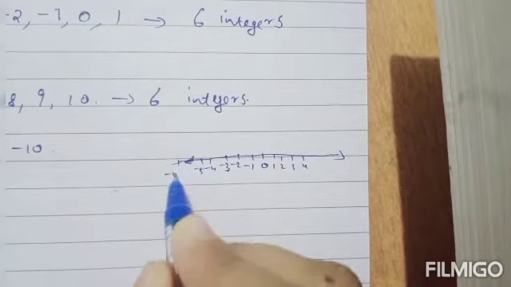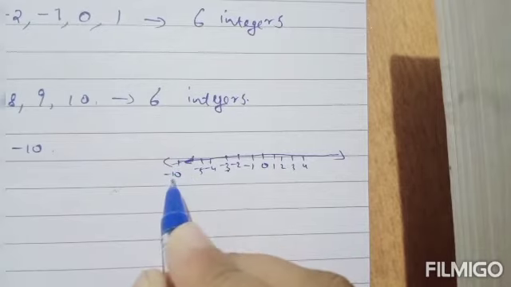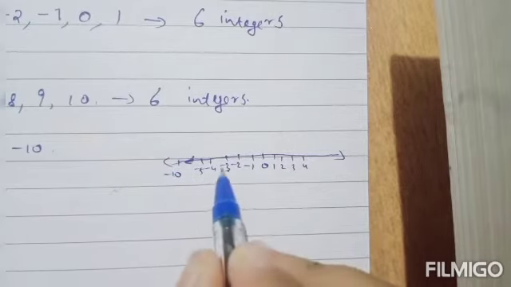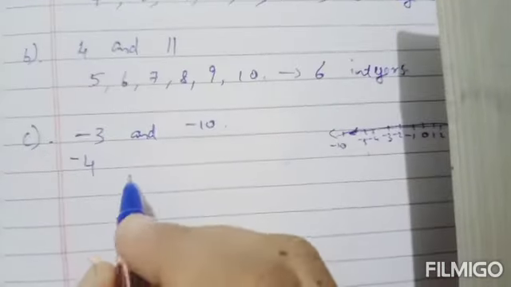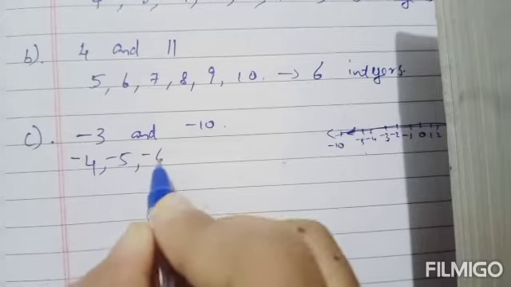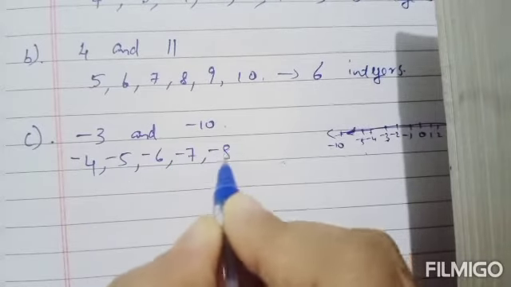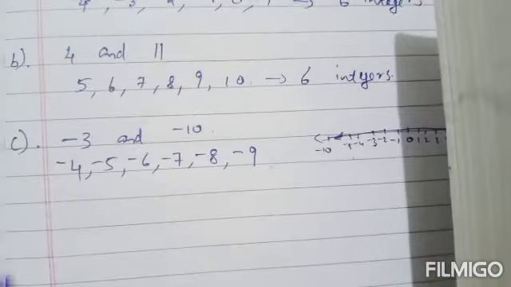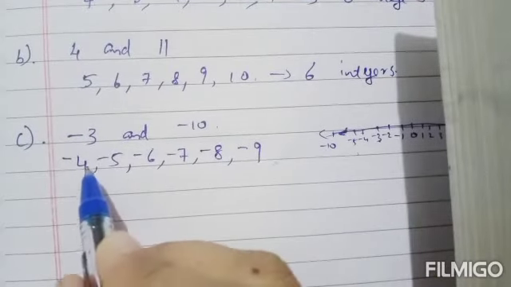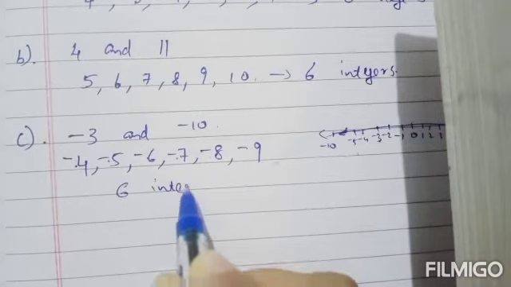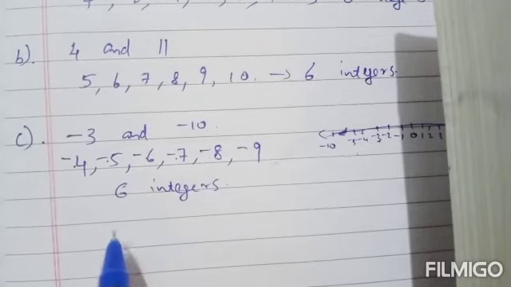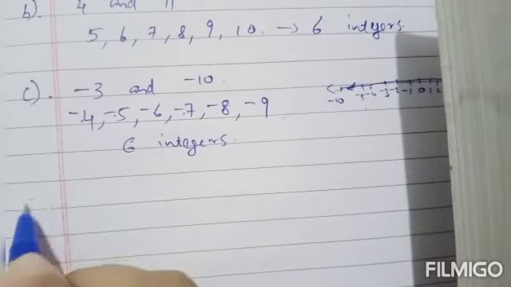Okay, here after some points only -10 will come. So in between -3 and -10, you can see -4 will come, then -5, -6, -7, -8, -9. These many integers will come. So our answer will be 1, 2, 3, 4, 5, 6 integers. Okay, 6 integers are there in between -3 and -10.